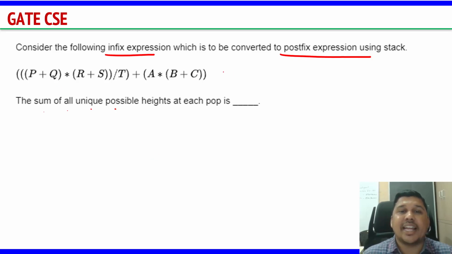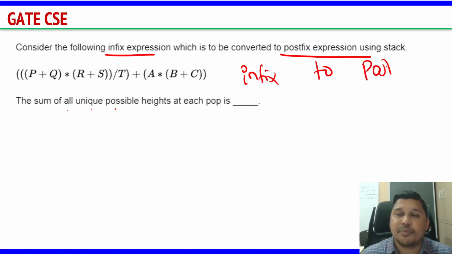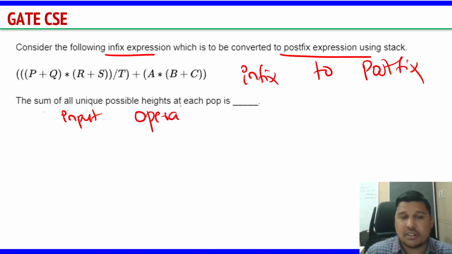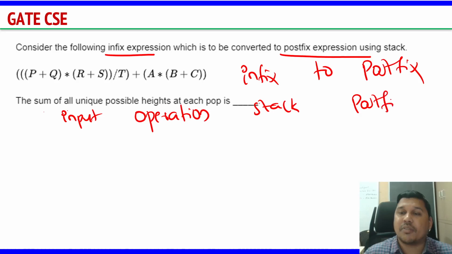when you are converting an infix expression to postfix, what you are doing here, see, you will be reading the characters. Maybe I will write that table which we always used to draw: the input, then the operation, then the stack, and then the postfix expression.